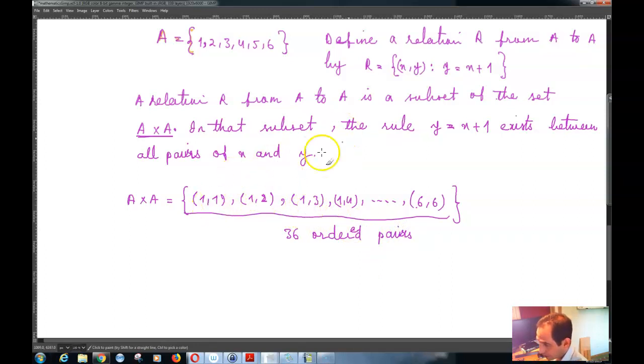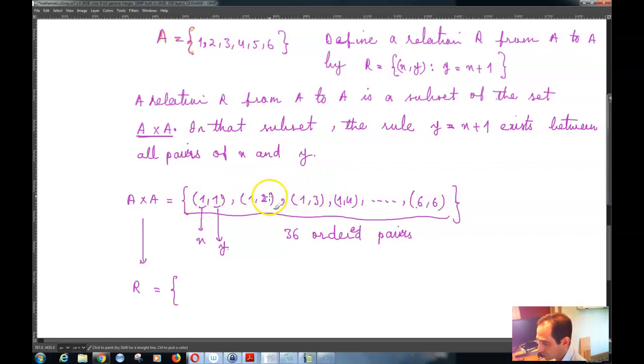In these ordered pairs, the first element is your x, the second element is your y. What you need to do is find a subset of this set, call it R, and in this subset you take only those ordered pairs in which y is equal to x plus 1, meaning that the second element is equal to the first element plus 1.